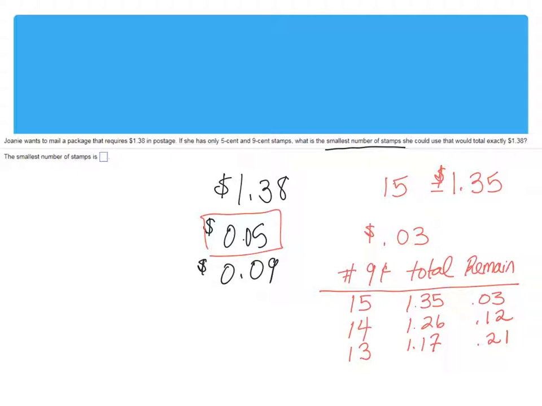When I take it down one more to 12 9-cent stamps, that's $1.08, and that is 30 cents away from $1.38, and 30 cents is divisible by 5, so that means that there would be 12 9-cent stamps. How many of the 5-cent stamps will we need?